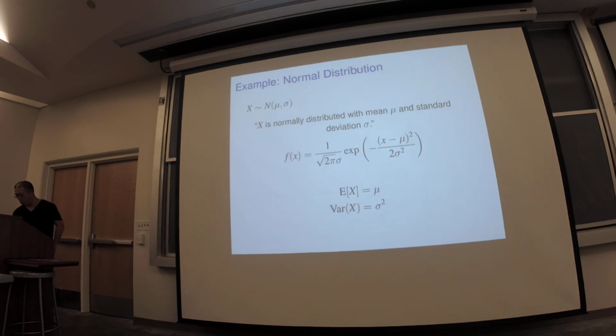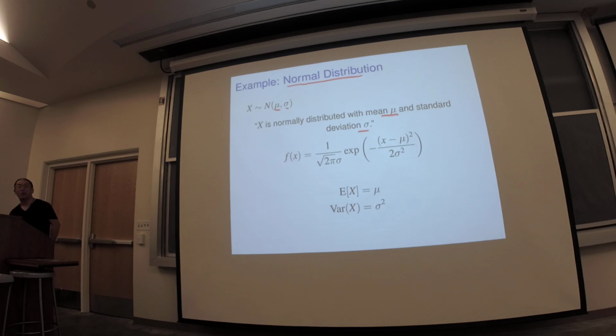Here's one very commonly used distribution, the normal distribution, right? I think everybody knows that. Is there anyone who does not know the normal distribution? Okay, perfect. A normal distribution is parameterized by two parameters. One is the mean, the expectation.